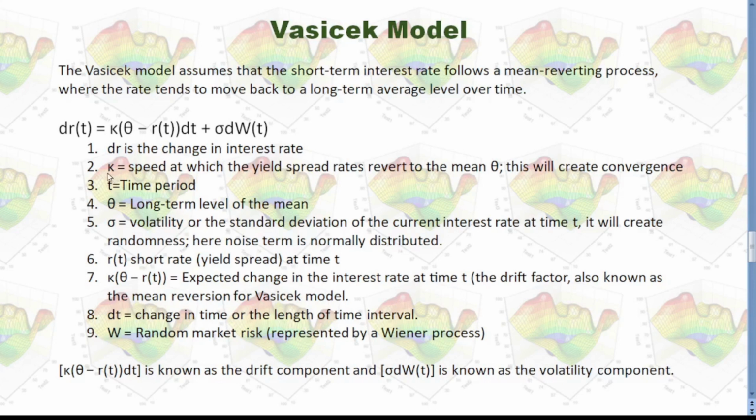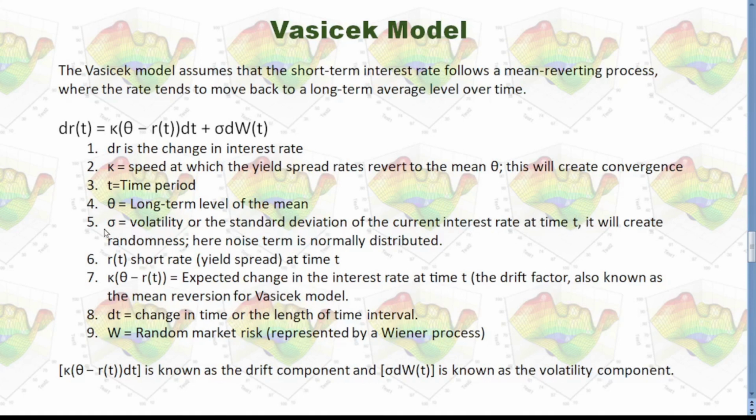Remember, kappa means the speed at which the yield spread rates revert to the mean theta, and sigma means the volatility or the standard deviation of the current interest rate at time t.